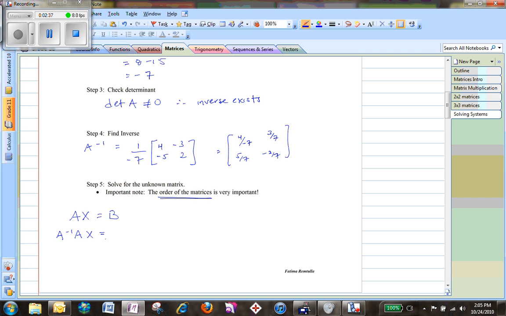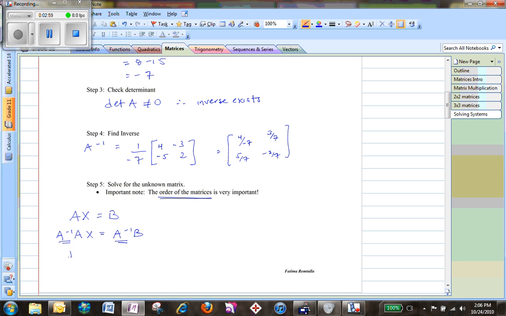Well, if I multiply one side by A inverse, I have to multiply the other side by A inverse as well. Notice that on the left-hand side, I put the A inverse before the A, and on the right-hand side, I put the A inverse before the B. So this is very important.